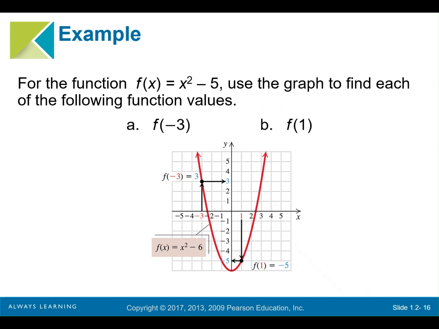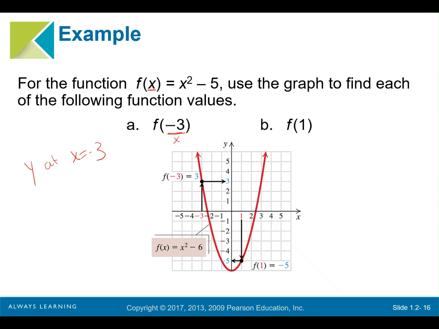Okay, so now we're going to actually use the graph to figure out the following function values. So for part A, it's f of negative 3. And so negative 3 is going to be our x value, right? It's sitting in place of where the x goes. Okay, so I want to know what is f of negative 3, or basically what is my y value at x equals negative 3.